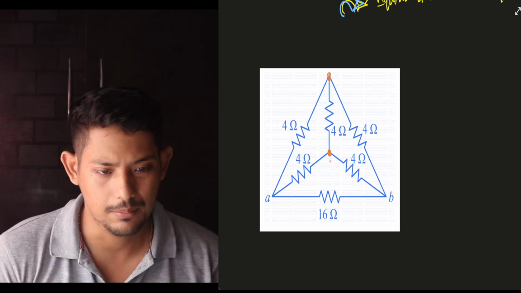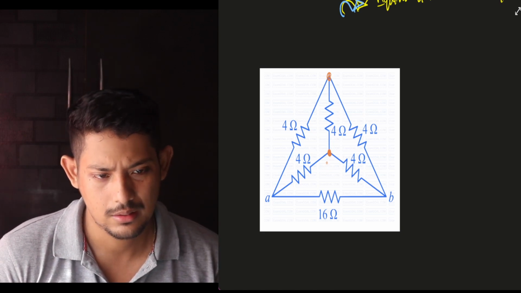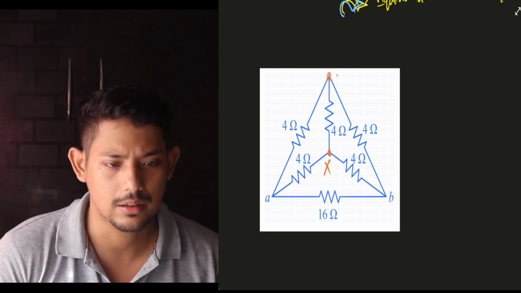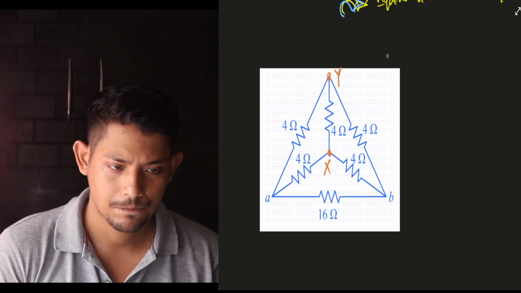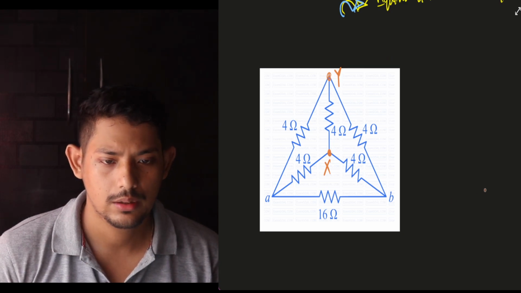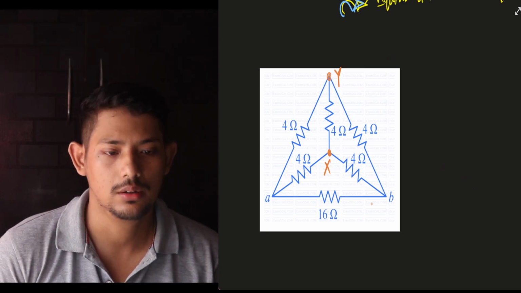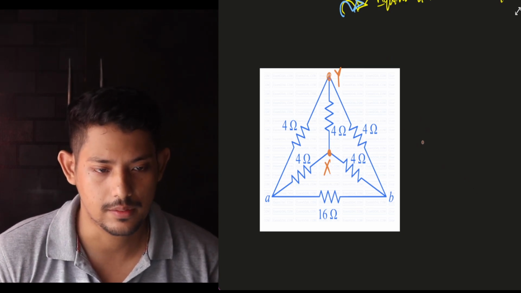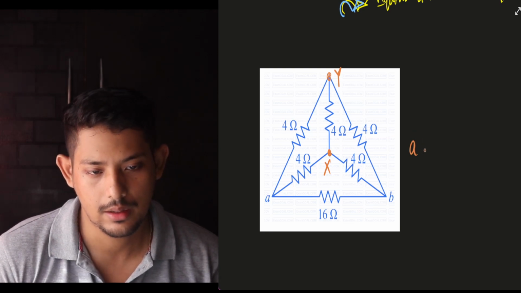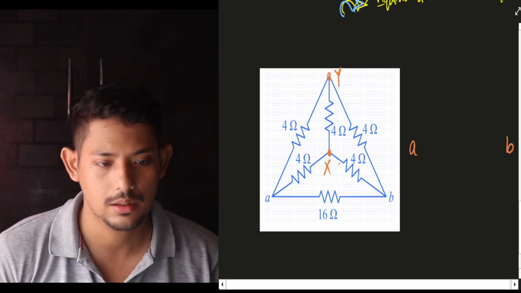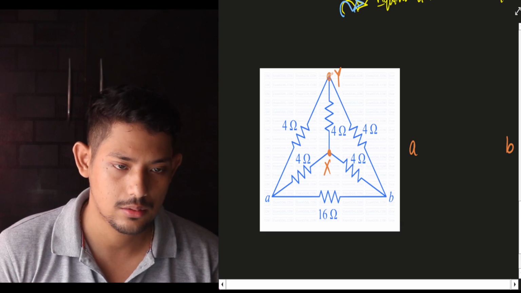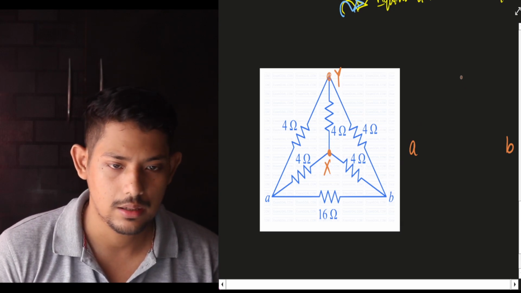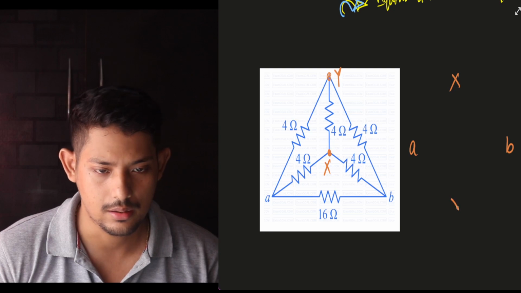I'll name this junction X, and this junction I'll call Y. Now I'll try to draw the equivalent resistance, and then I'll try to simplify the circuit. A to B, and then A, X to Y, Y to B. I'll write X and Y here.